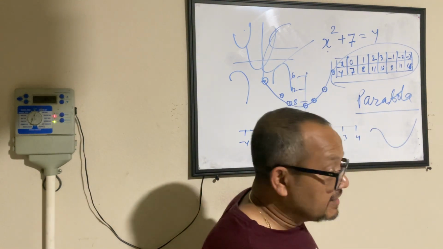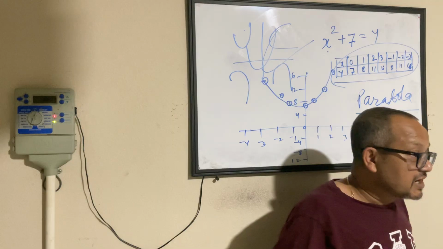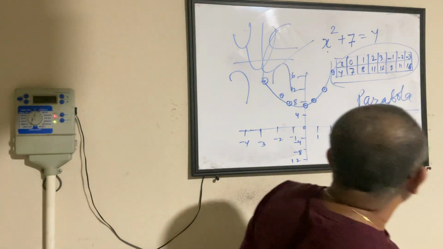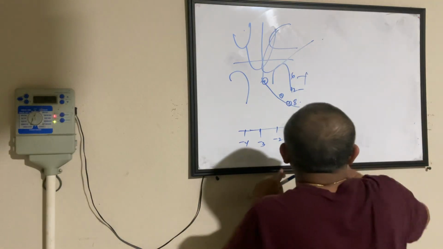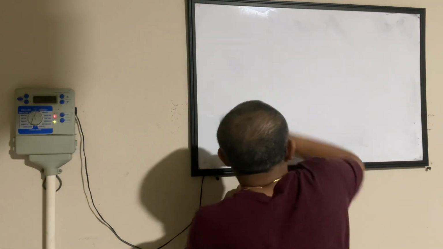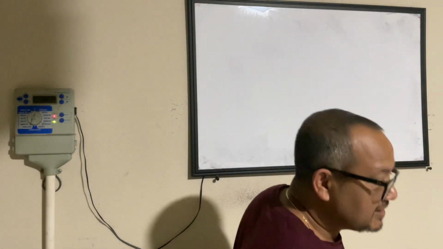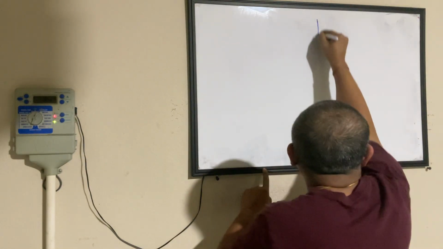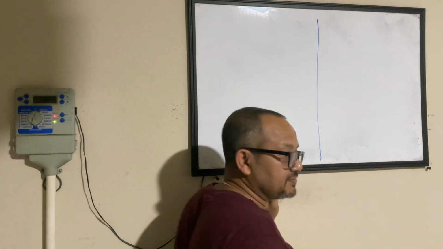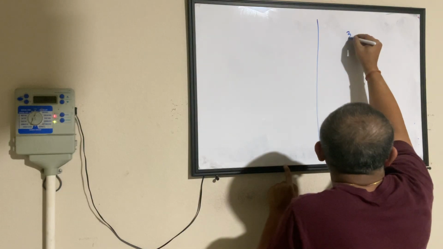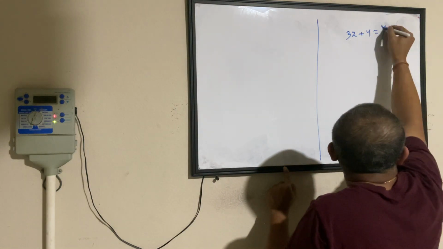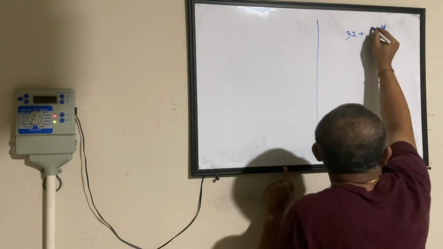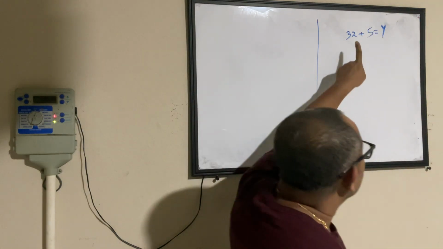Now, that is not the only thing that we wanted to understand about this quadratic equation. What we wanted to do was the zero value that we talked about a little bit ago. Let's do some divide and conquer here. This was my linear equation: 3x plus 5 equal to y.